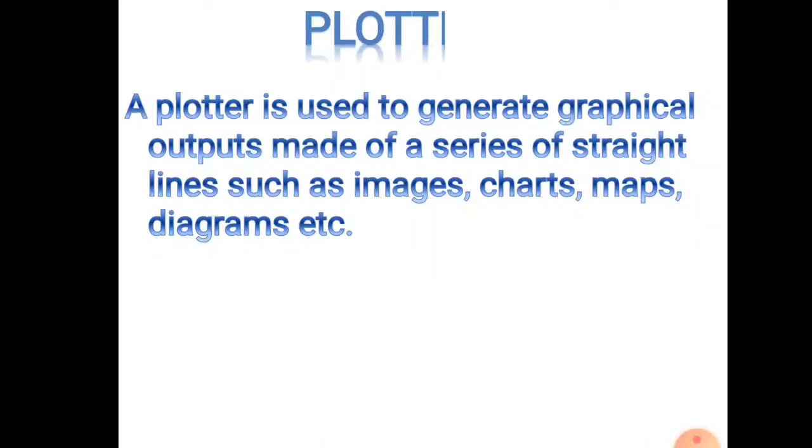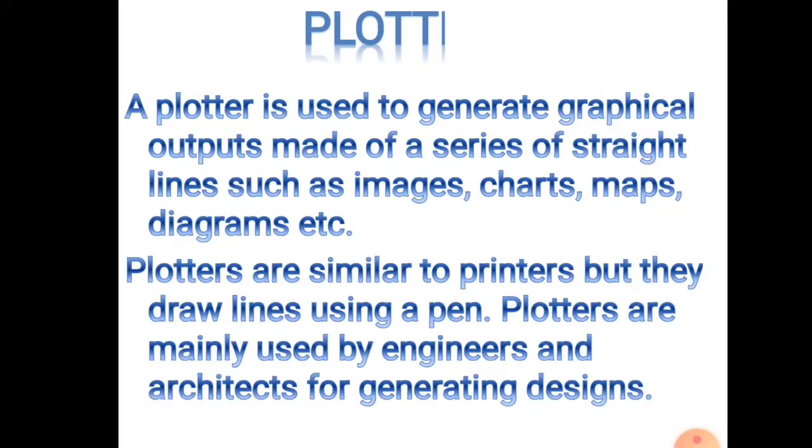These things we can print on plotters. Plotters are similar to printers, but they draw lines using a pen. Plotters are mainly used by engineers and architects for generating different designs.